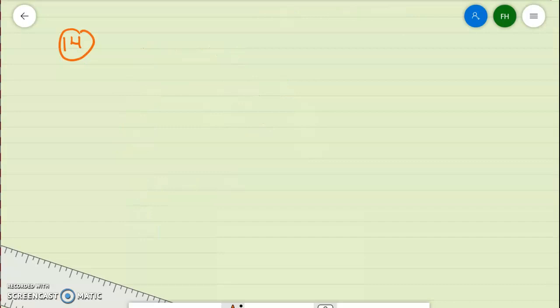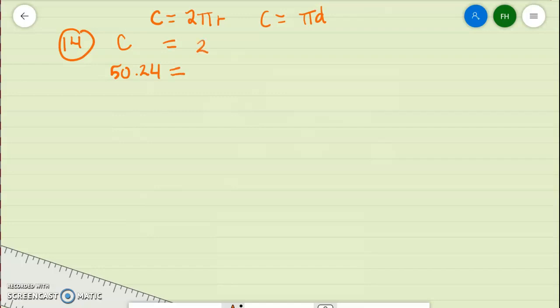Okay, for the next one, it talks about the circumference, so it's either going to be 2 pi r or pi times d. It tells us the circumference is 50.24. And it's wanting us to find the radius, so we need to use the formula with the radius.